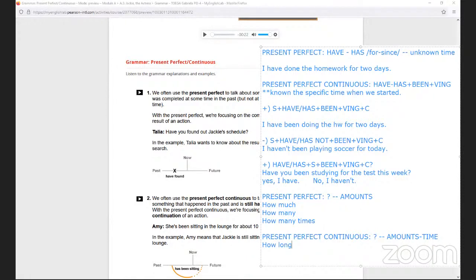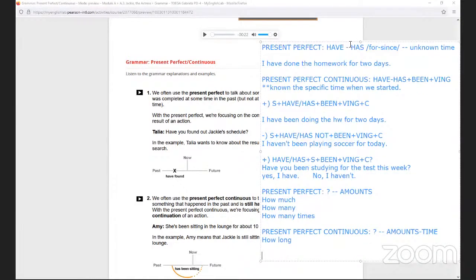So how long, hace cuánto, okay? So never I will use how long for present perfect, and never I will use how much for continuous or many times, okay? This is the only thing for differencing these two ones. So we're gonna see some exercises here, okay?